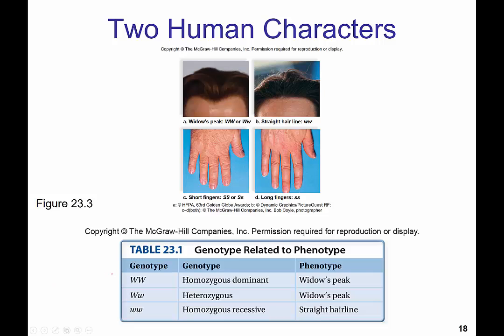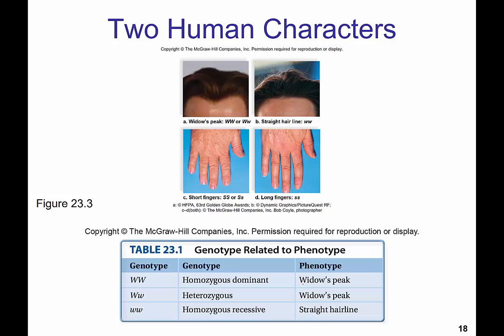If we're looking at a widow's peak, you could have genotype as either homozygous dominant, which you could write out, or you could put the alleles, the big W, big W. You could also have big W, little w, which is heterozygous, which is also widow's peak. Notice here that there are two different genotypes that have the same phenotype. This is because of that concept of dominance versus recessiveness.